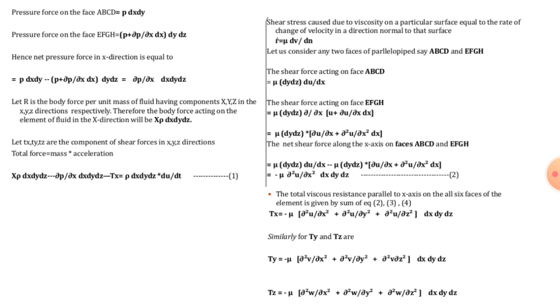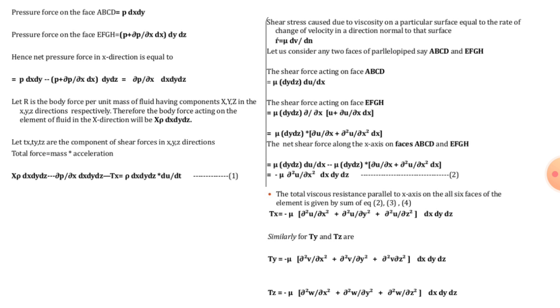The shear force acting on face EFGH is μ dy dz (∂u/∂x + ∂²u/∂x² dx). The net shear force along the x-axis on faces ABCD and EFGH is equal to −μ ∂²u/∂x² dx dy dz.